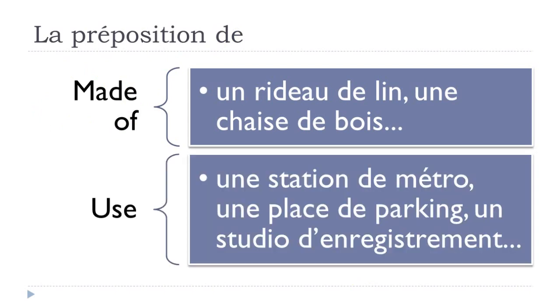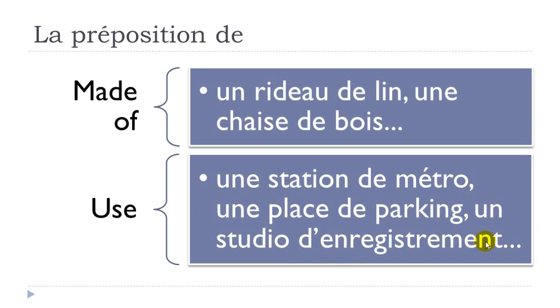And then the use. For instance, here, une station de métro. Other possibility, une place de parking. Yeah, sorry about that, but French people tend to use this word parking as well. I know it's coming from English, but still you should pronounce it the French way. Parking. Une place de parking. And the last one, un studio d'enregistrement.